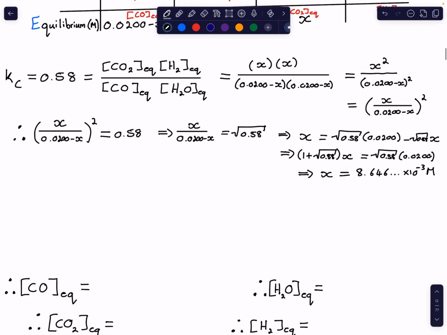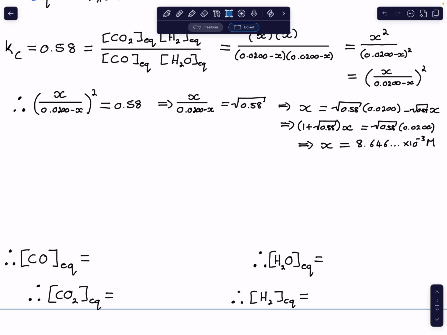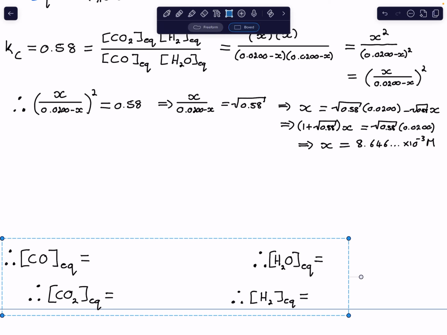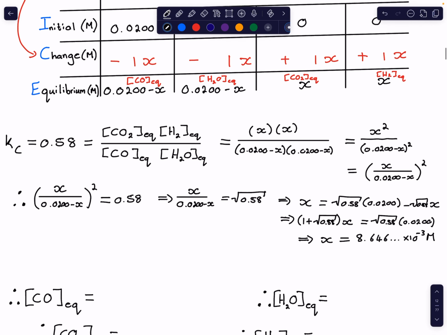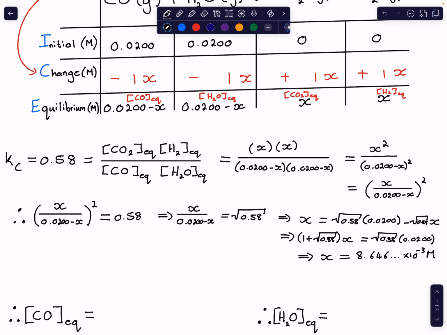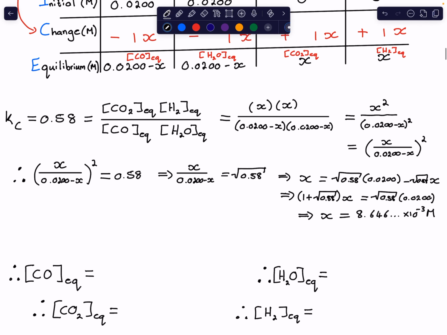Okay, so now let's bring the stuff that I had here at the bottom up to the top. The concentration of CO at equilibrium is equal to 0.0200 minus x, and x, of course, is this value, 8.646 times 10 to the power of negative 3.